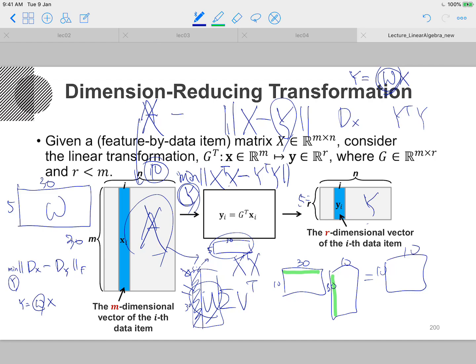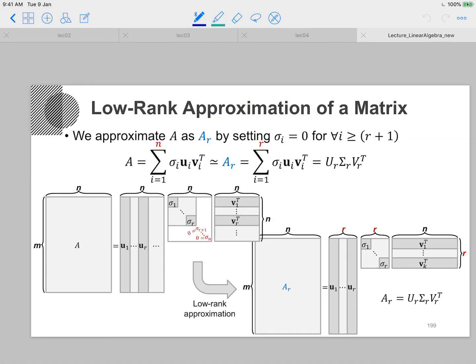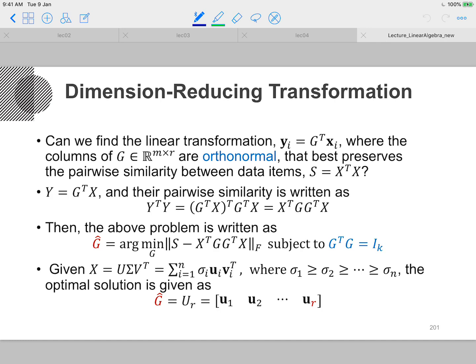Yeah, so this slide is just a formal description of what I just described. Oh, I forgot to mention one thing.